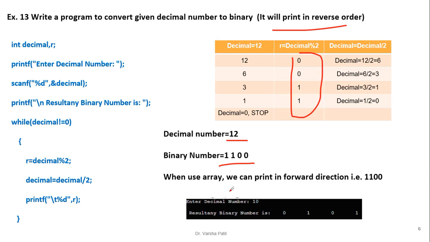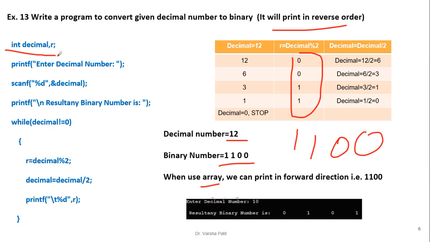But once we use the array concept, we can immediately print this reversed result, from 0011 to 1100. As we have not introduced arrays yet, we are printing a reversed answer, but the procedure remains the same. Even when using an array, we only reverse for printing.